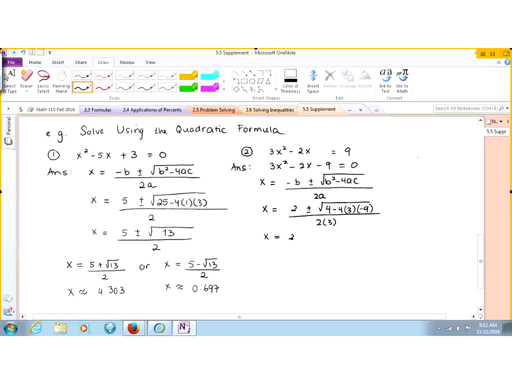So x is 2 plus or minus the square root of 4 plus, what is this, 12 times 9 is 108, right? 4 plus 108, so it's 112, divided by 6. All right. Am I doing it right? 4 plus 108, yes. So, can we simplify the square root of 112?